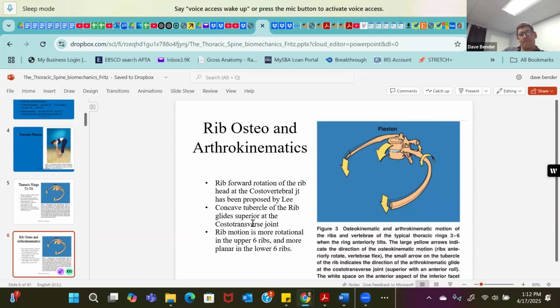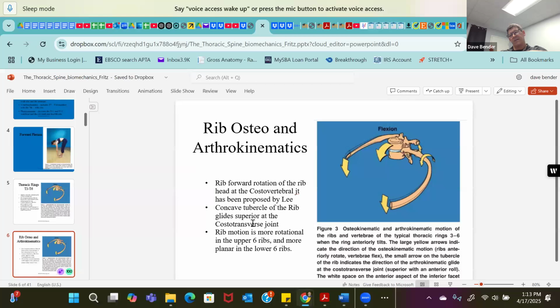Okay. I wrote that wrong. Basically, the concave shape is going to be on the costotransverse joint, and the convex shape will be on the rib as it rotates that way. So that's just an error in the typing there.